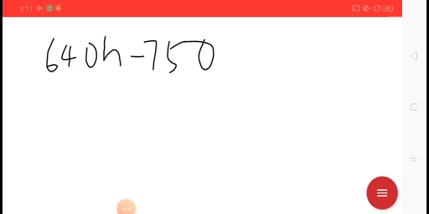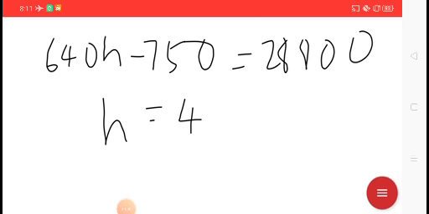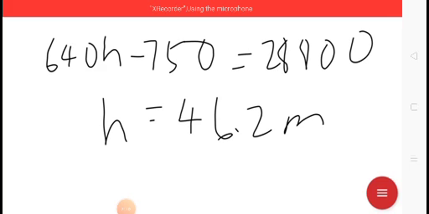This minus is because you need to spend energy to overcome the friction, and it is equal to 288,000. So here we simplify, we can calculate the h. h will be equal to 462 meters. So these are the things that you need to calculate the h, right? Simple, right?